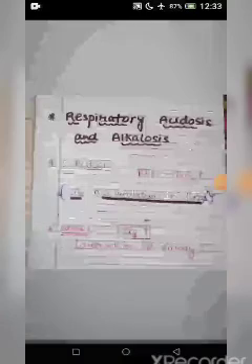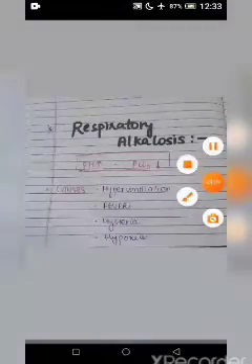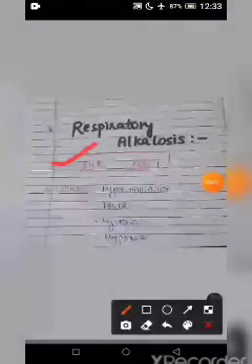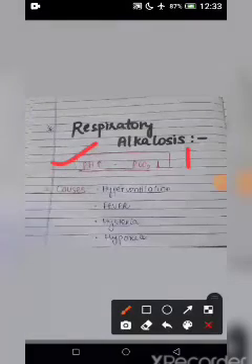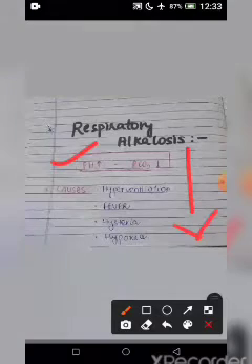Next is respiratory alkalosis. In alkalemia, we have discussed that pH will rise, and CO2 levels will decrease because both of these are inversely proportional.